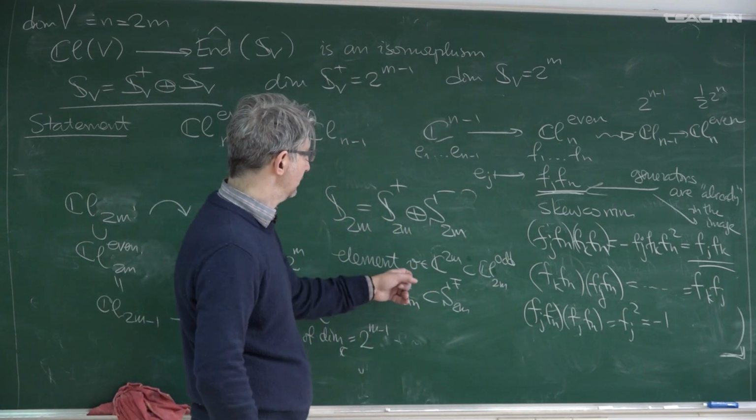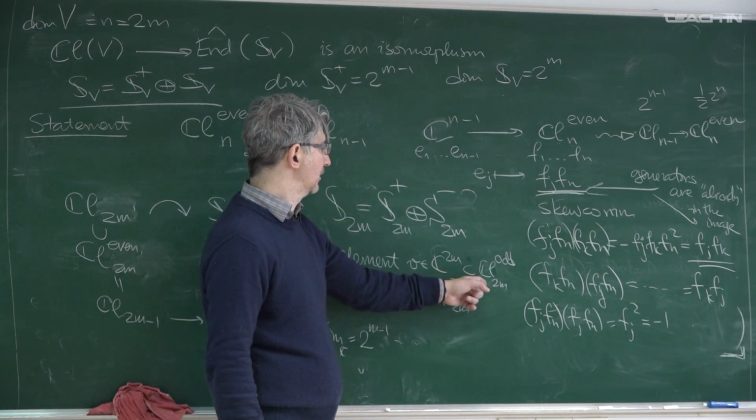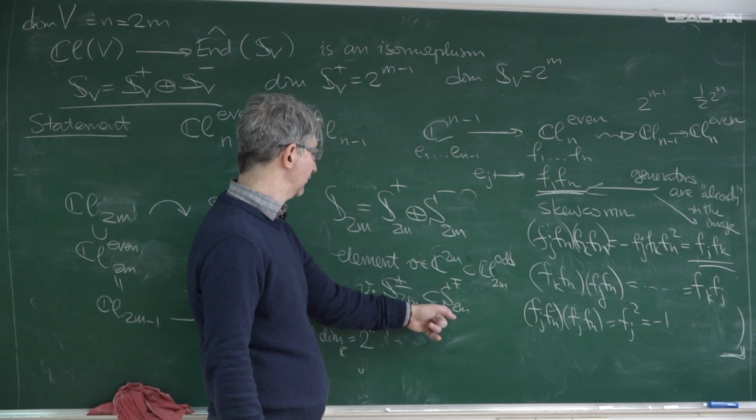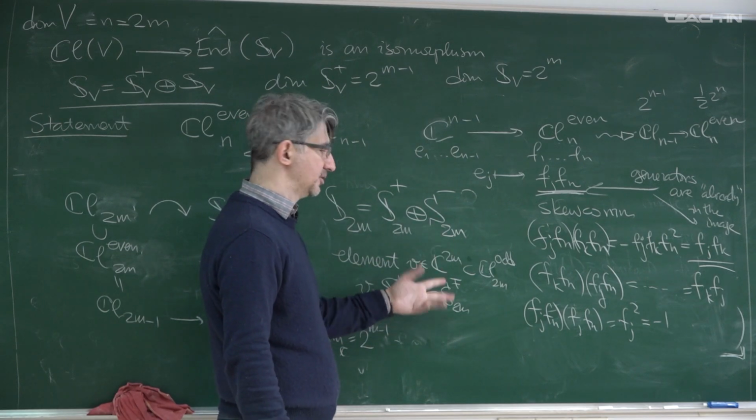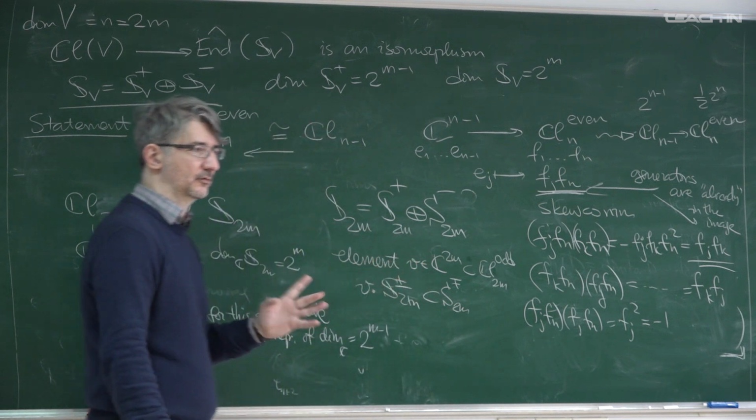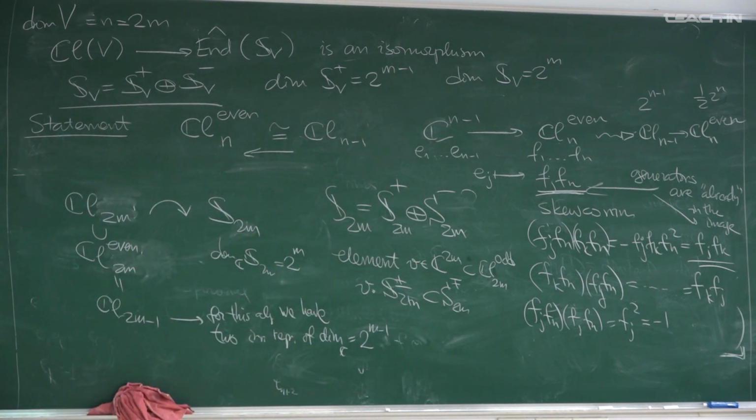If you take one vector which sits in the odd part of the Clifford algebra, then it acts on these two summands, interchanging them. Is it obvious or not? This is a very simple question from my point of view.